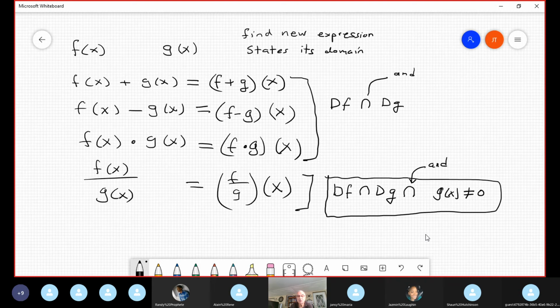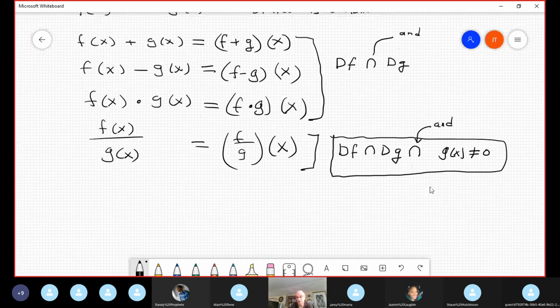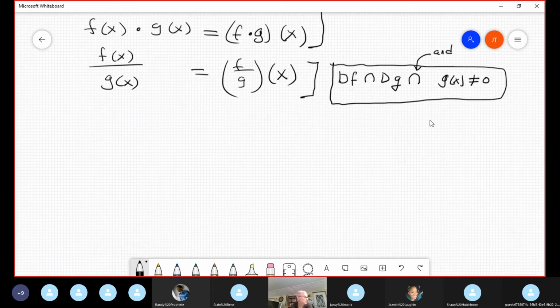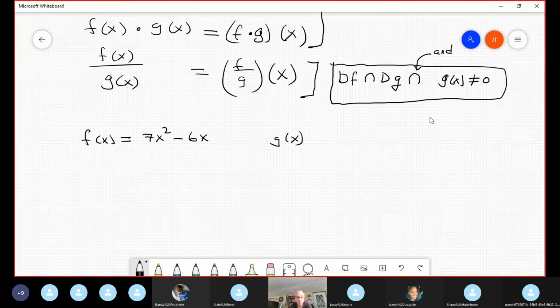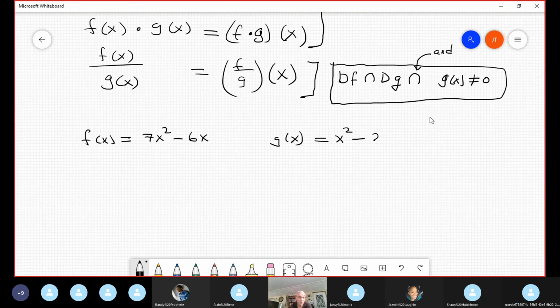So in the problem that you asked me, number 22, is exactly the same idea, division. Because division is the most interesting example of the combination of functions. Okay, look, suppose f of x equals 7x squared minus 6x. This is the expression for f of x, and g of x is x squared minus 2x plus 24.